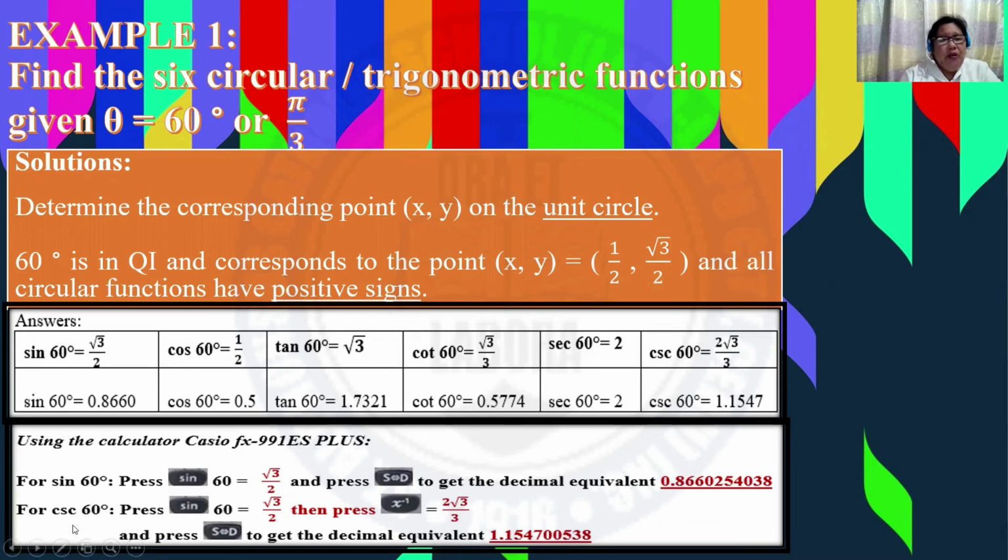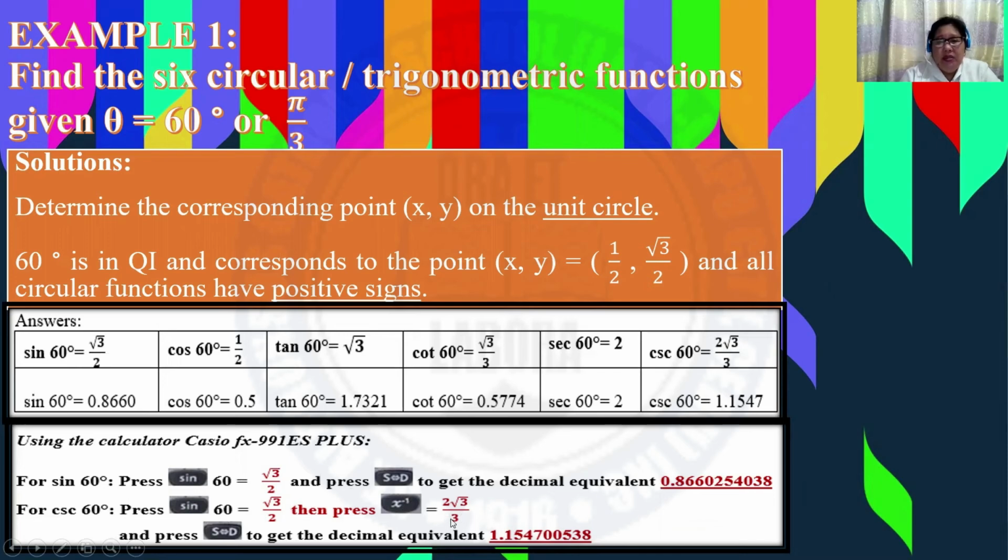And for cosecant 60, just press sine 60 equals, it will give you square root of 3 over 2. Then press the reciprocal function, x to the negative 1, it will give you 2 square root of 3 over 3.